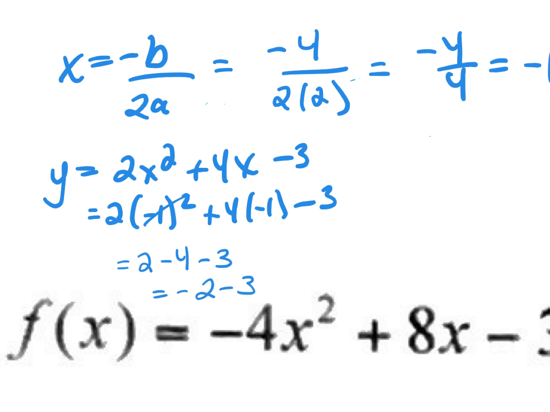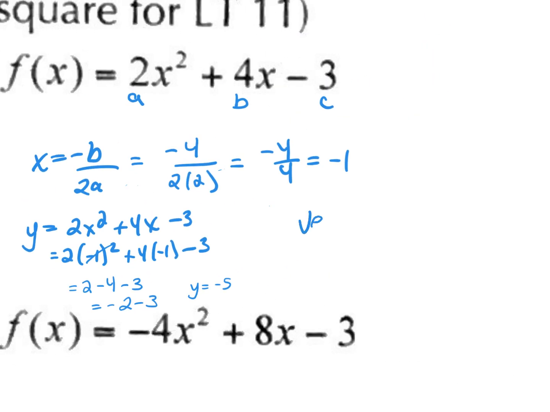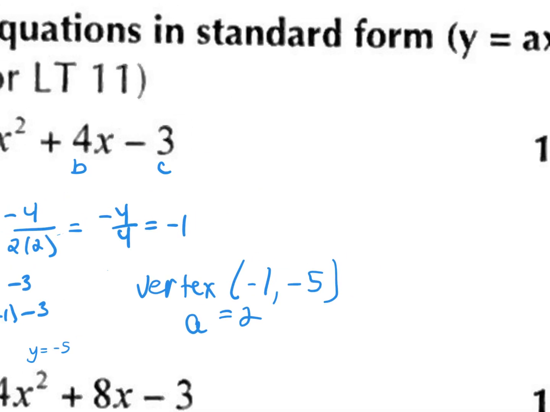Negative 2 minus 3, so y equals negative 5. So my vertex is at negative 1, negative 5. What's my A term? What's the number in front of x squared? 2. So if you were going to write this in vertex form, it'd be f of x equals what? 2 times x plus 1 squared minus 5.